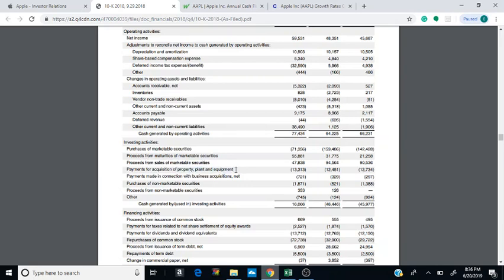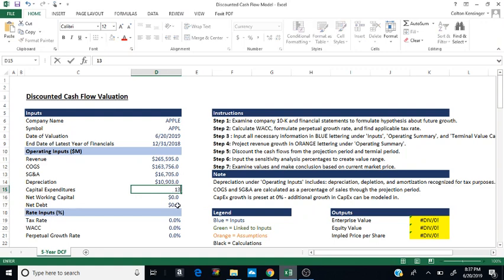So we can derive the PP&E or the Capex because they have it listed under their investing activities section, and it says payments for acquisition of property, plant, and equipment. So we can assume that Apple spent this amount of money on their PP&E. So we can go ahead and pull that number, 13,313,000,000. So that one's a little more tricky.